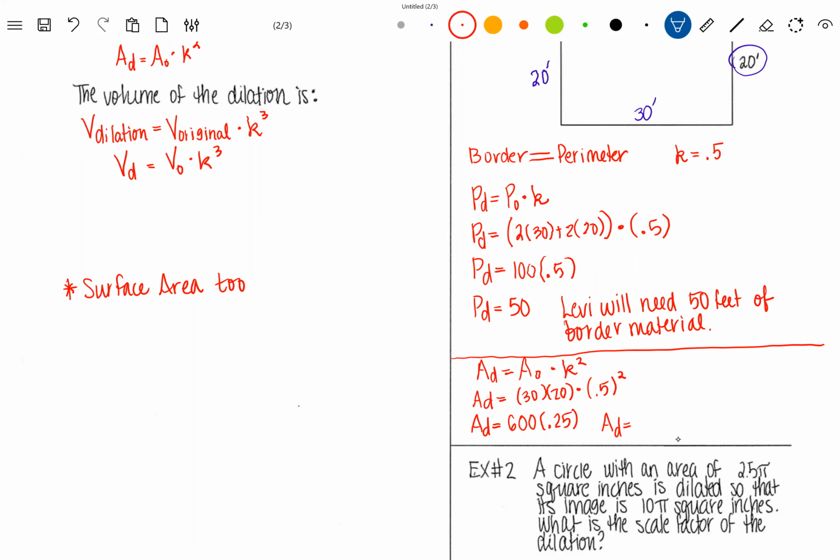So the area of the dilation, or Levi's area, is 150. So he will need 150 square feet of gravel.